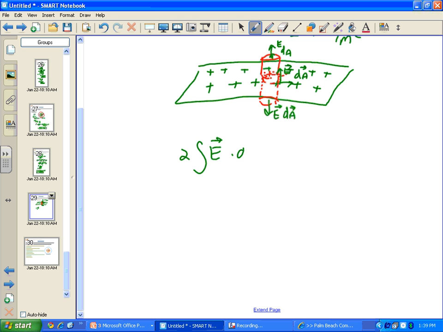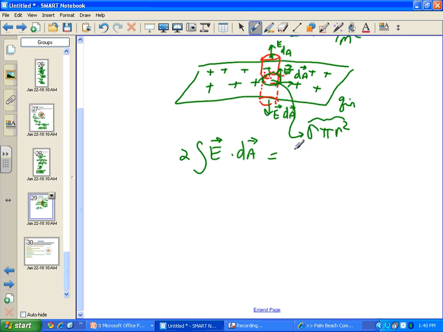And the charge, which is inside this right here, is given by sigma times the area of the cylinder, pi r squared. And this is the cross-sectional area that cuts through the sheet. So this becomes the charge inside of the Gaussian cylinder.